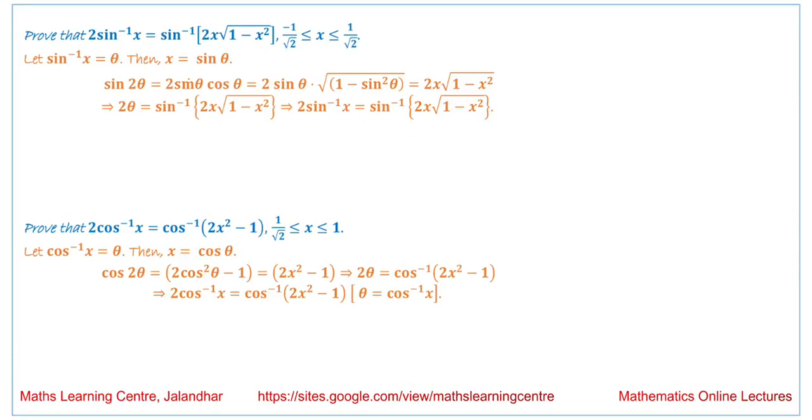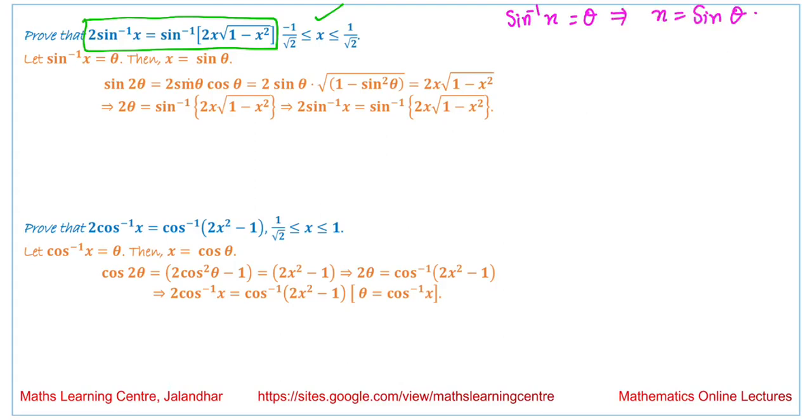Next is prove that 2 sine inverse x is equal to sine inverse of 2x square root of 1 minus x square, and it is given that the values of x lie in this interval. So we start proving this with the assumption, let sine inverse x be equal to theta. Then this implies that x is equal to sine of theta.